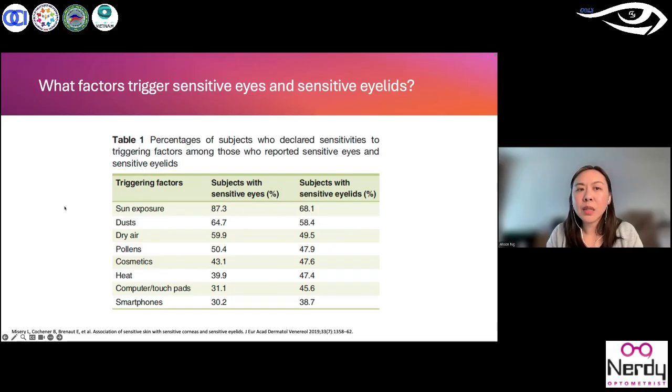So sun exposure is pretty critical in a lot of patients' feelings in terms of what exacerbates the sensitivity of the eyes and the eyelids. Unsurprisingly, dust, dry air, pollens, cosmetics and heat, they feel also trigger their sensitive eye and sensitive eyelid symptoms as well.